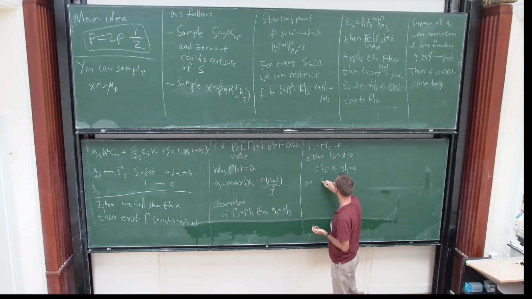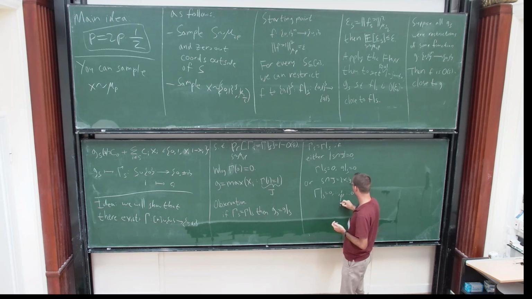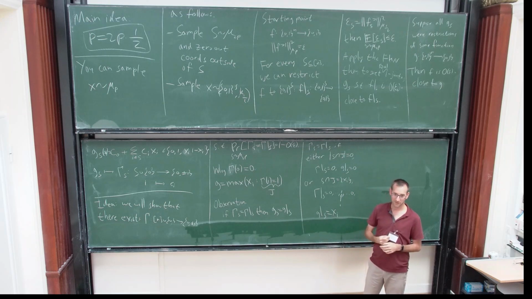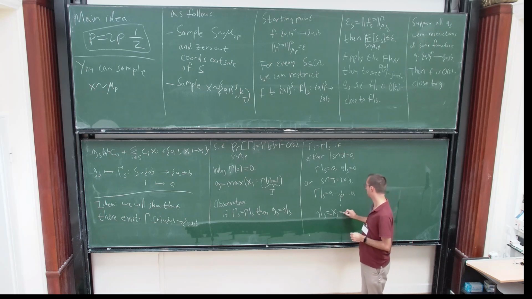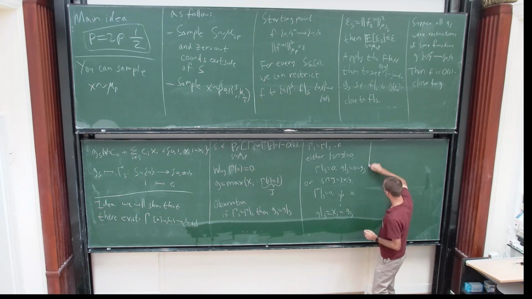Or S intersect J is {i}. So in this case, gamma restricted to S is at the 1 position i, and G restricted to S is x_i. Then in both cases, it matches.